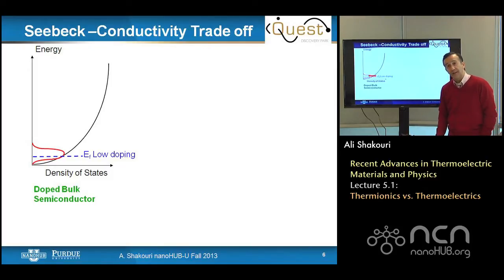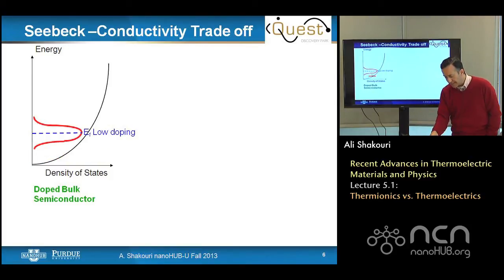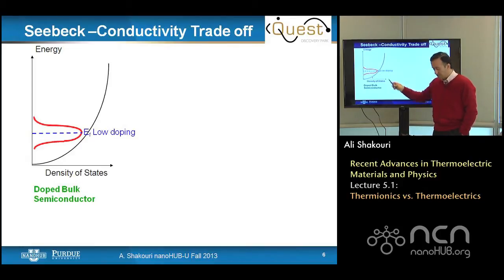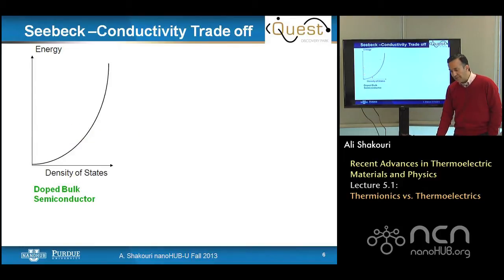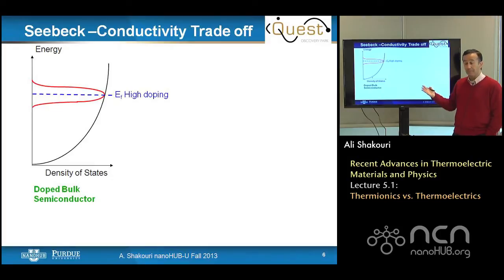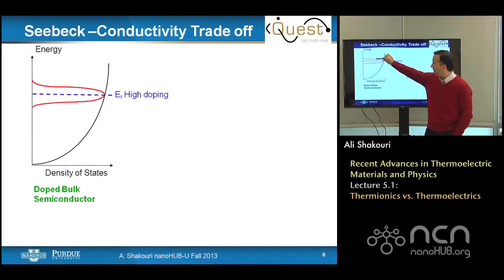What happens if we take the same material and we just add more and more dopants? The Fermi level rises. As the Fermi level rises, what you see is that this density of states becomes more symmetric. In the limiting case of an almost metal or a degenerate material, you have lots of electrons in the material, but this distribution is symmetric with respect to the Fermi.